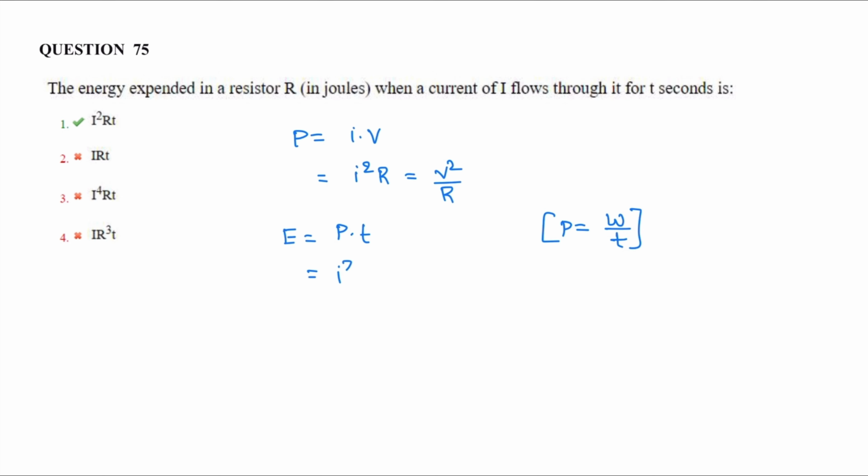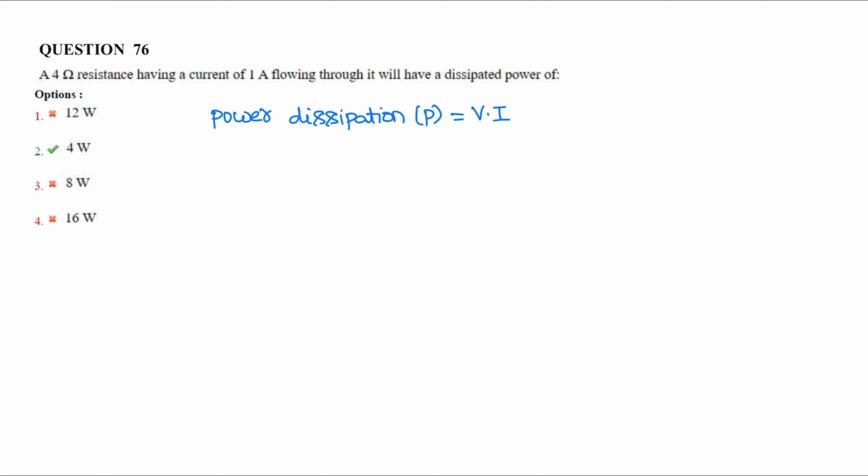Energy dissipated in the resistor R is I square R T. Correct option is 1.